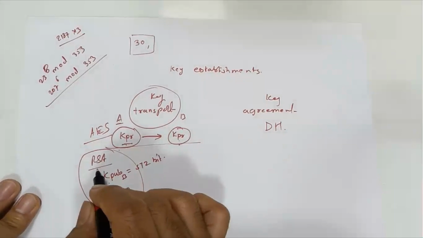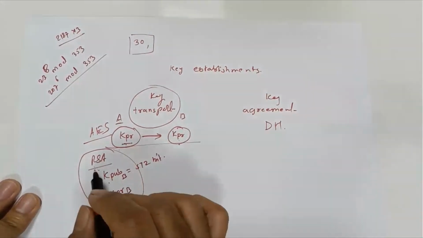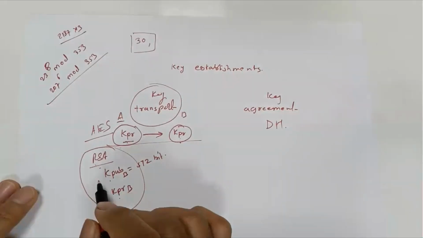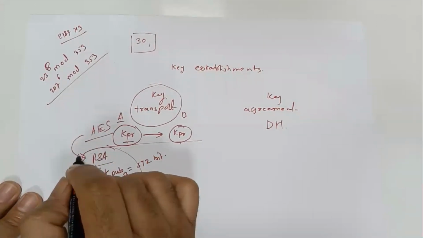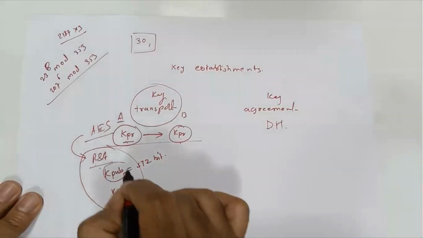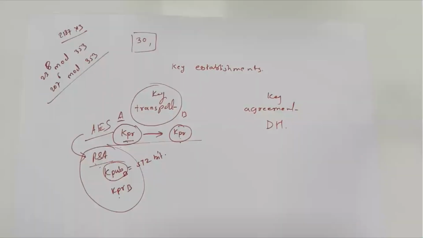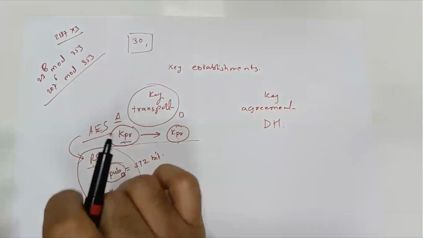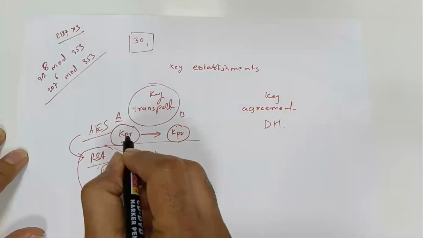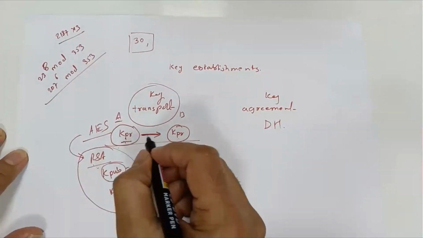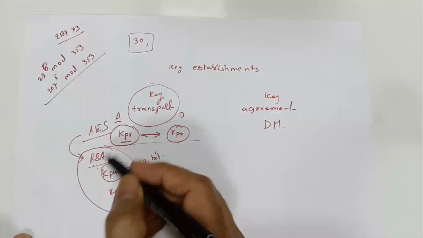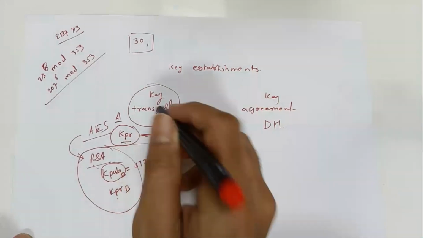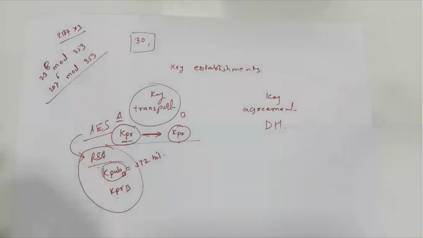Public key cryptography, RSA, is also a secure thing, but AES is more secure than RSA, because in RSA there is a public key, but in AES there is no public key. The only thing is the private key has to be shared using some secure channel. So here we have to combine both the things to secure key transport. That is one thing that you should understand.